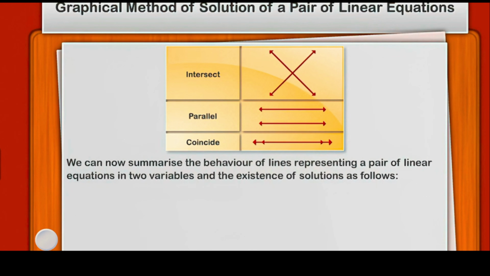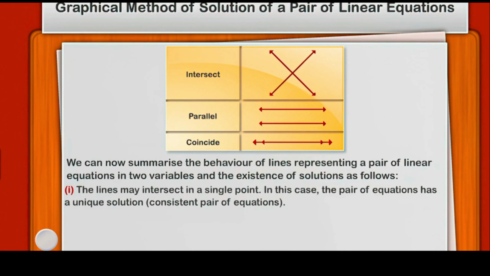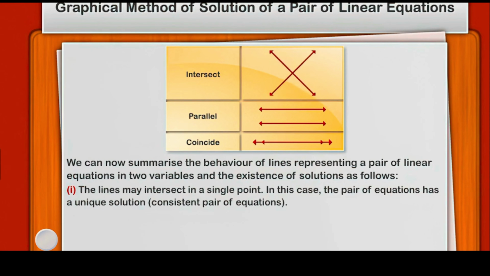We can now summarize the behavior of lines representing a pair of linear equations in two variables and the existence of solutions as follows. 1. The lines may intersect at a single point. In this case, the pair of equations has a unique solution.